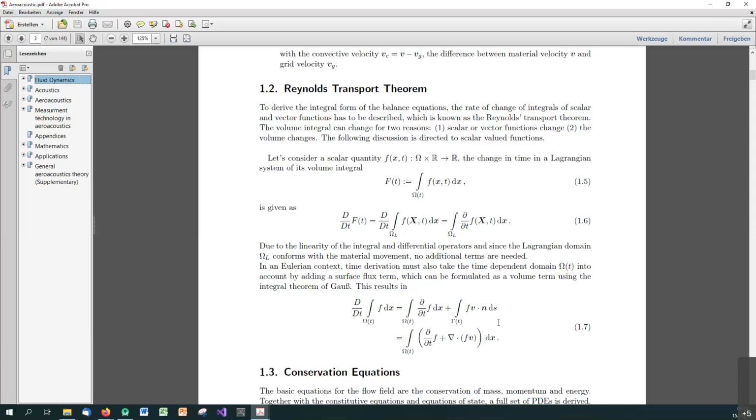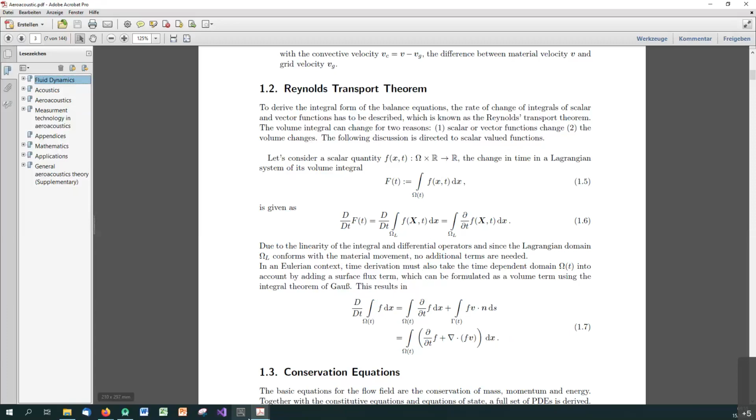In math, it's also labeled the Leibniz theorem, the Leibniz rule of integral calculus. It looks a little bit different because in math they say the total change with respect to a parameter of an integral quantity can be expressed like this.